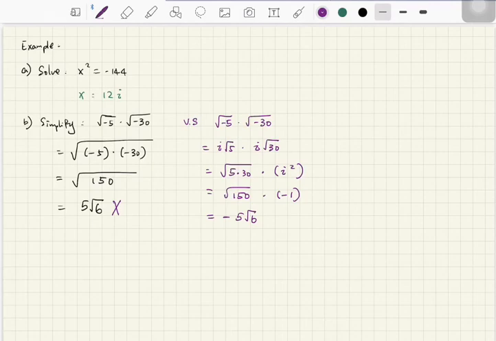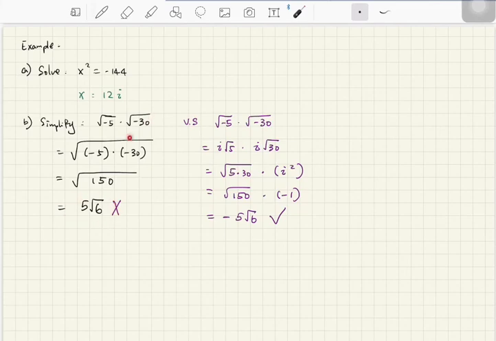Okay, so here I want to point out that when you have square root of negative 5, or the square root of a negative number, you have to first convert it to a complex number using the i symbol, because it will make the final answer wrong if you don't do it.